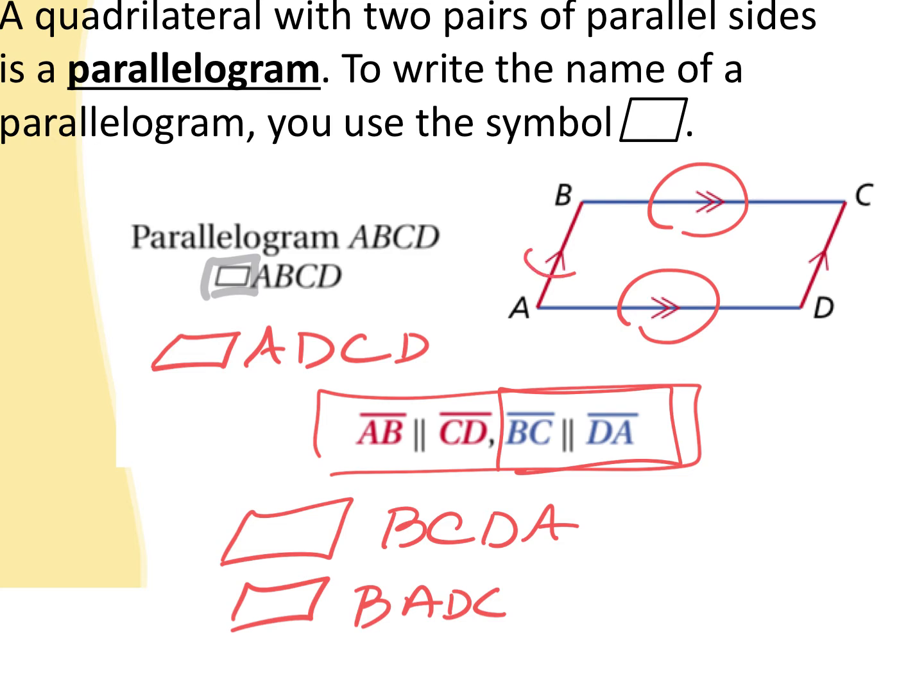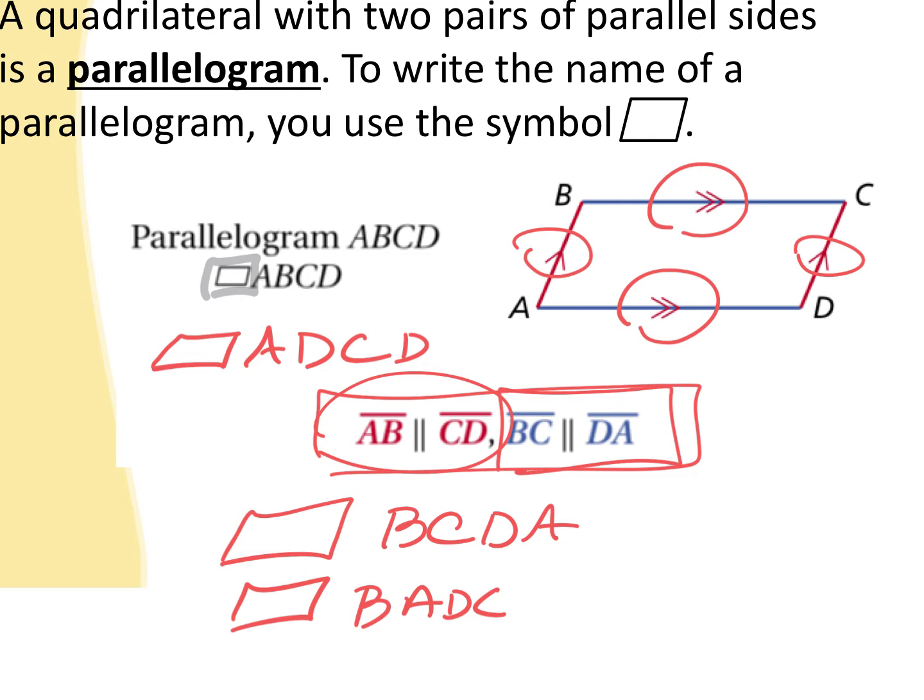And then this single arrow indicating that BA is parallel to CD. So that's just the definition, that a quadrilateral with two pairs of parallel sides is a parallelogram.